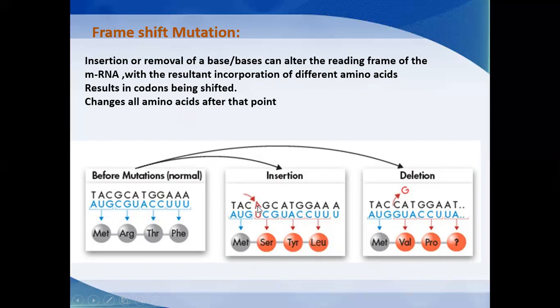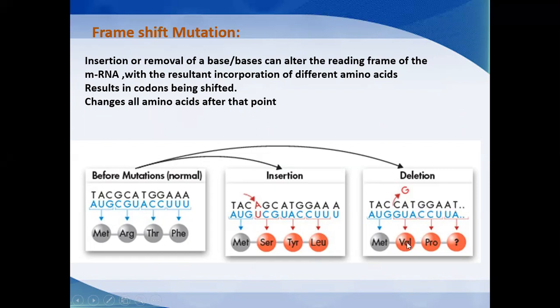into the DNA molecule. For example, the G is deleted from the DNA molecule. So after TAC we are getting the CAT sequence, instead of GCA we are getting CAT and GGA and AT, and so on.